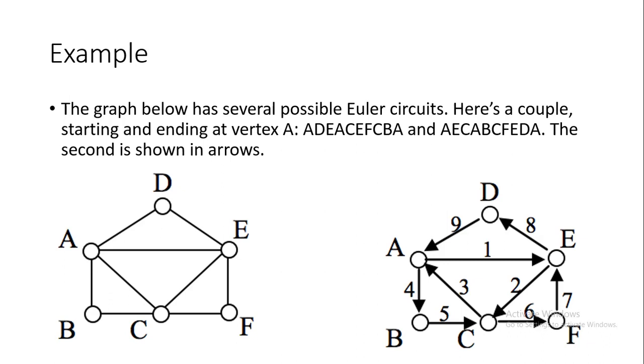The starting and ending point are the same, but the other edges and vertices are different. The condition is satisfied here: the starting and end point are the same and it visits every edge.